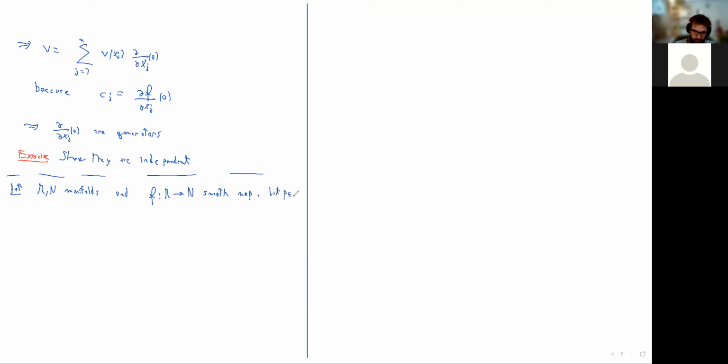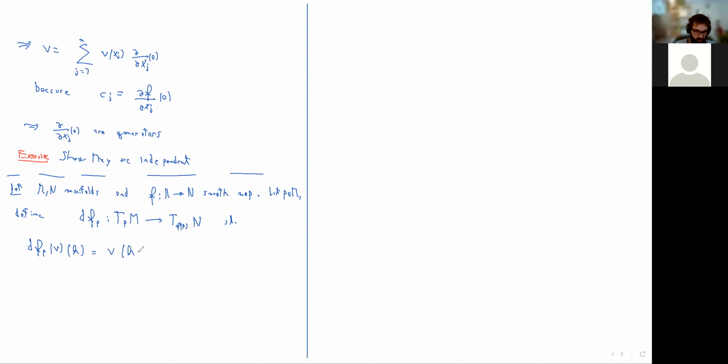So we take a point p, and now we define the differential of this map at the point p. So df at p, that's how we denote it. It's a linear map from the tangent space of M at p to the tangent space of N at f(p), such that, as usual, we take a V in here, and this should be a derivation at f(p) of N. So I need to apply it to a germ of a function to tell you how it works.